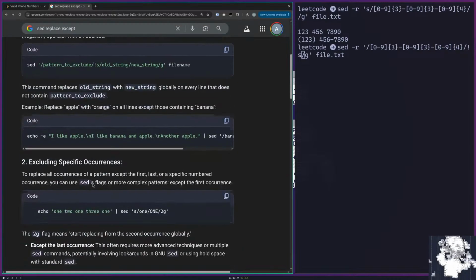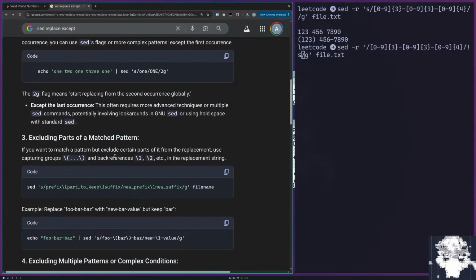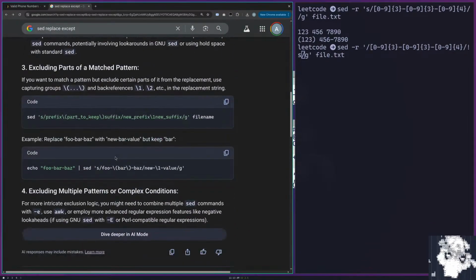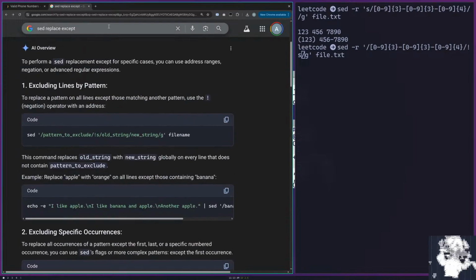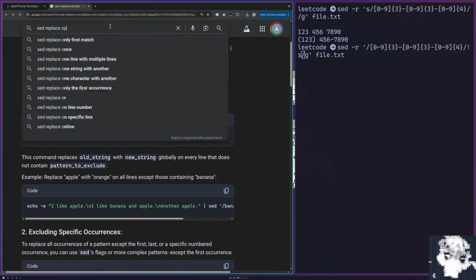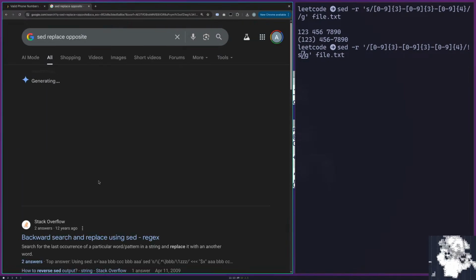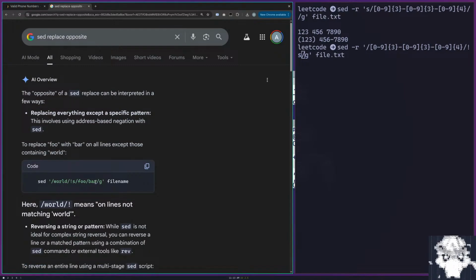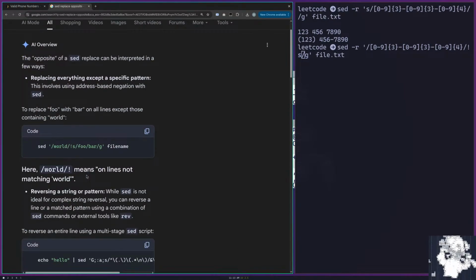I'm not finding what I'm looking for. Place opposite? It's not that if you have a thing in the line, you don't want to do it.